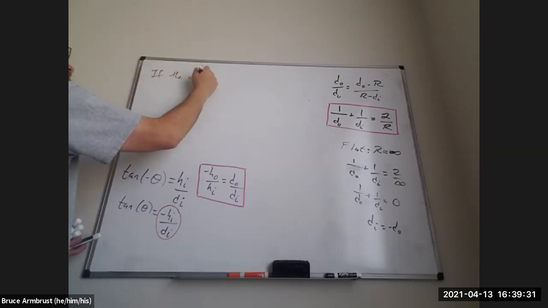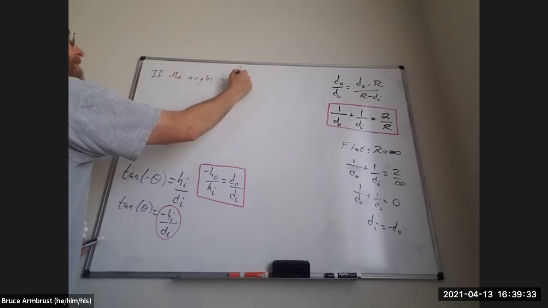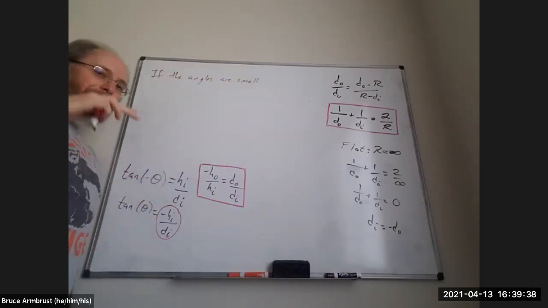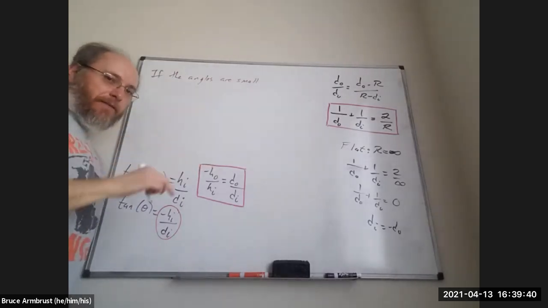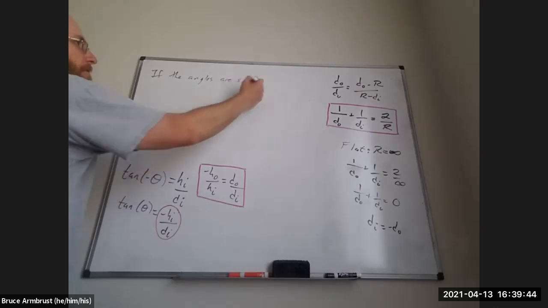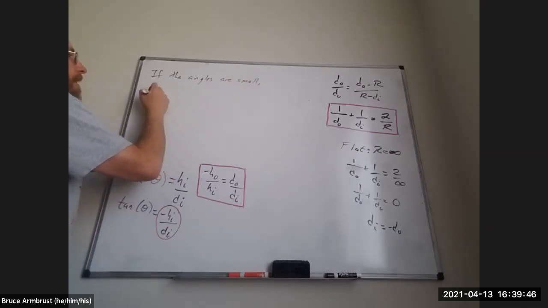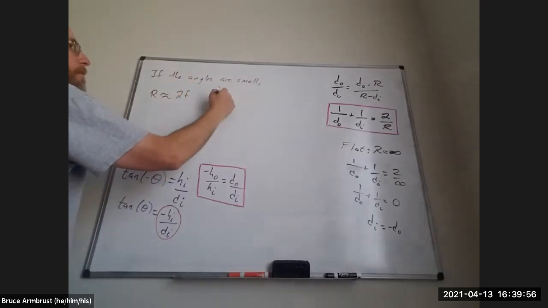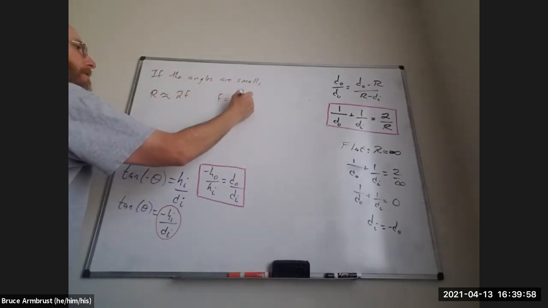If the angles are small, so meaning the angles that we're coming in with our light rays as they're bouncing off the mirror, if the angles are small, we saw that the radius was approximately equal to 2 times f, where f was the focal point.